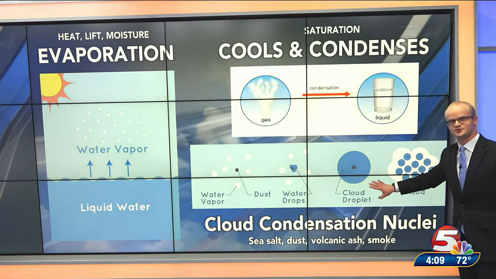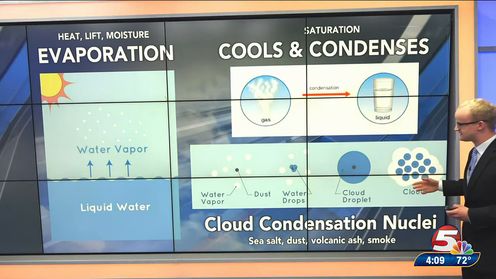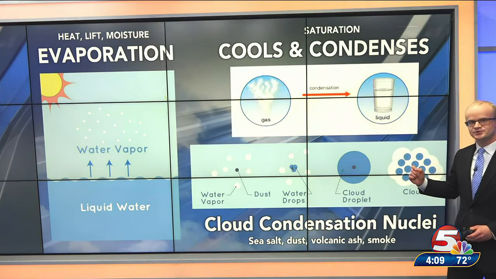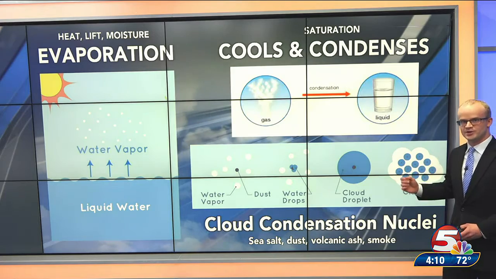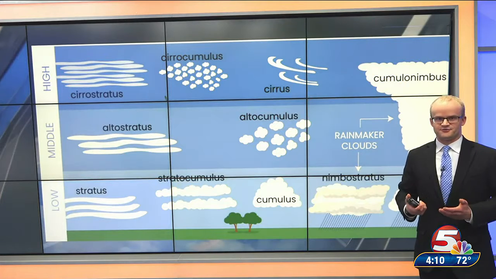And once there's enough of those cloud droplets, we get visible clouds that we see in the sky. But it all starts with the cloud condensation nuclei. If we didn't have those microscopic particles in the atmosphere, we wouldn't be able to form our clouds like we do.